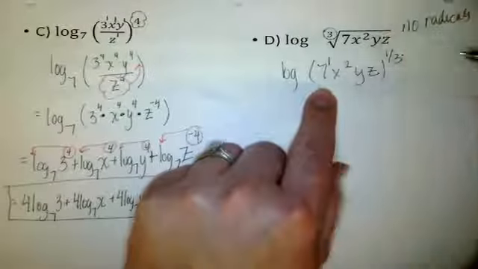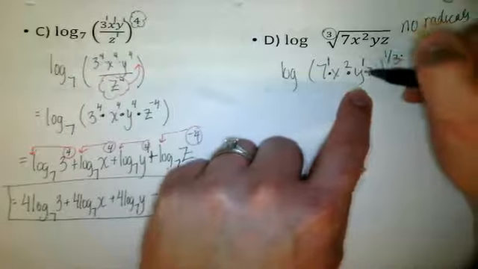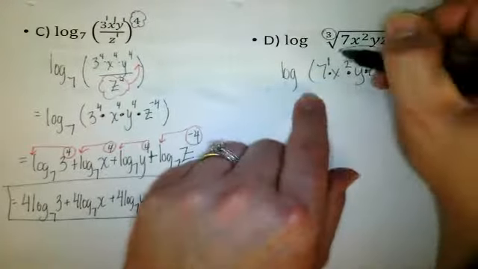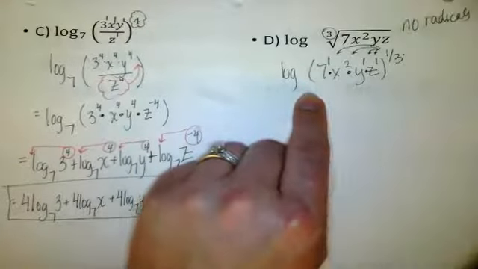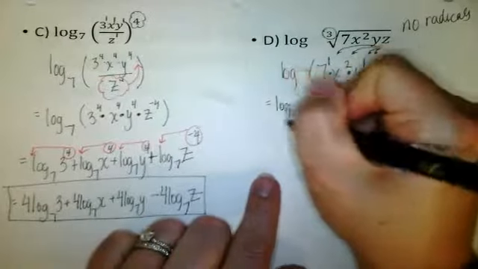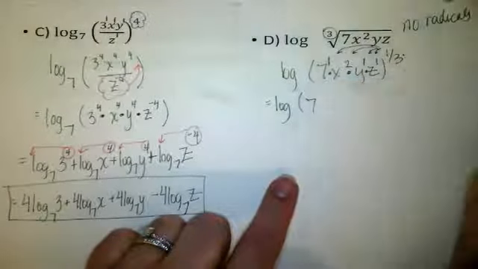Remember, everything has its own exponent. 7 to the first, x squared, y to the first times z to the first. We have to share, multiply that 1/3 to all of those exponents. Don't forget anybody. We don't want anybody left out. So we have 7 to what power?